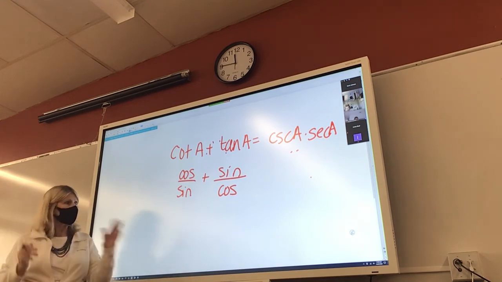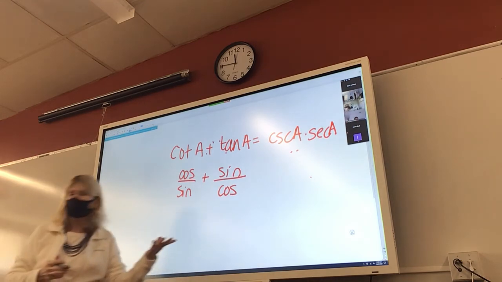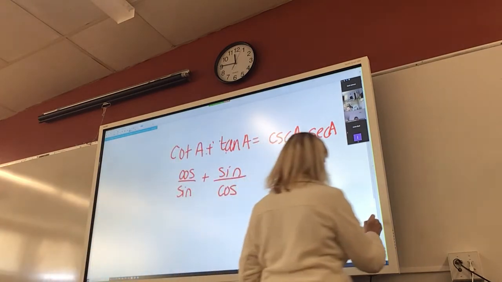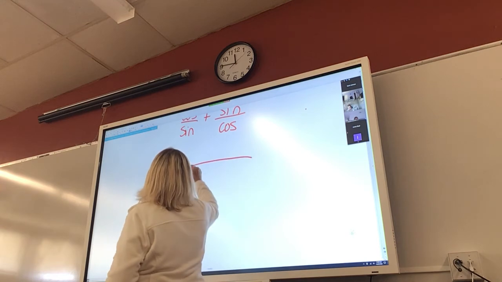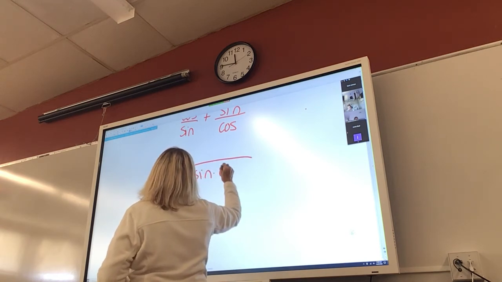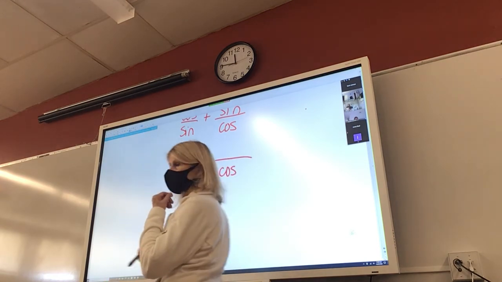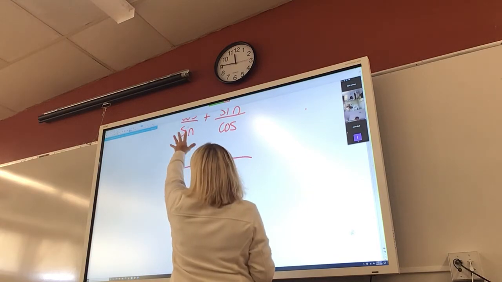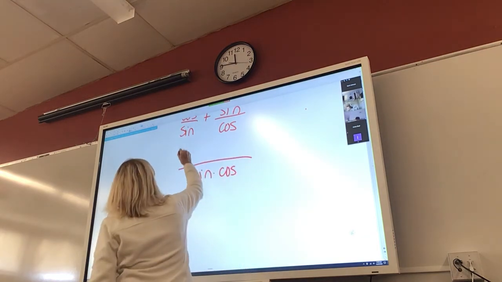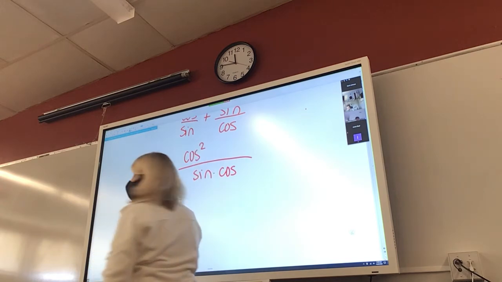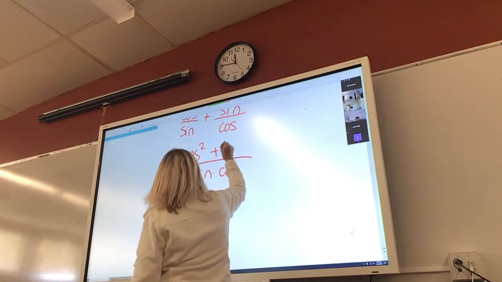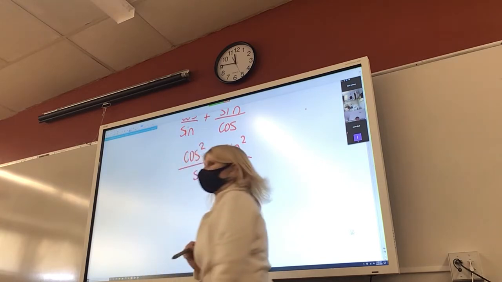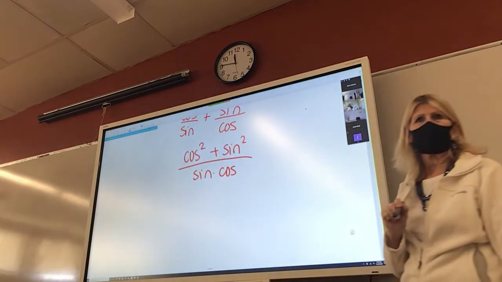At this point, the only thing I could do would be to get a common denominator, and the common denominator would be sine times cosine. So in the first term, you would multiply by cosine and get cosine squared. And the second one, you multiply by sine and you get plus sine squared. Am I making sense?